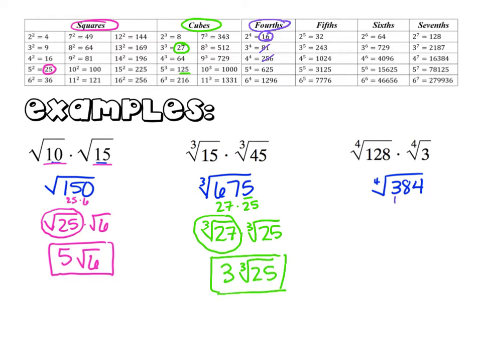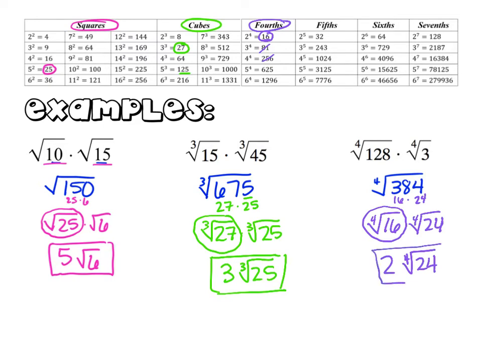I could write it as 16 times 24. So then I can break that up into the fourth root of 16 times the fourth root of 24. The fourth root of 16 was my perfect fourth. That was 2. The fourth root of 24 isn't a perfect fourth, and I can't divide it by any perfects. So my final answer is 2 fourth roots of 24.